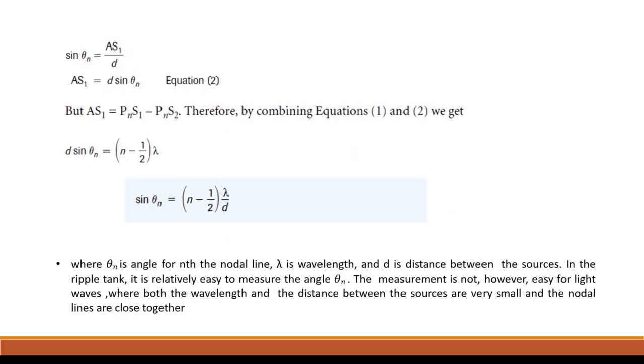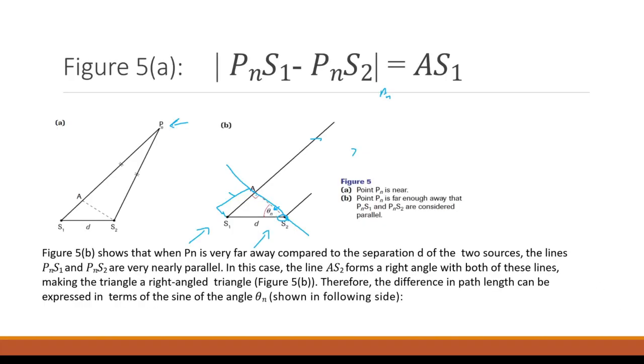Then we rearrange, bringing sine theta n to the other side, and we notice that AS1 is equal to PnS1 minus PnS2. Why is that? Well, the difference between the paths, PnS1 and PnS2, is literally from A to S1. It's this distance here that we're totally interested in.